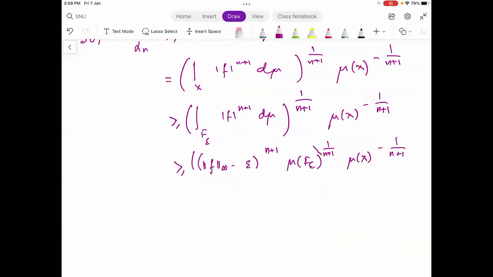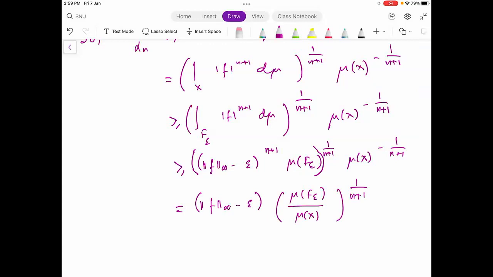I'll have this n plus 1 over the whole thing. So that is norm f minus epsilon times mu f epsilon by mu x, by n plus 1.